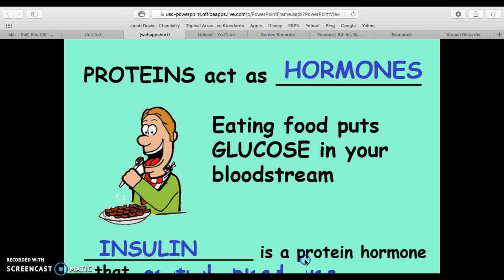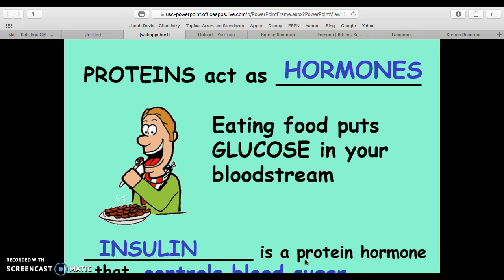Proteins can act as hormones. Whether you believe it or not, insulin is a protein hormone, and it controls blood sugar. So if you eat food, any type of food, right, except for maybe the meats, breads, and everything that was a carb, right, is going to break down and become glucose in your bloodstream.